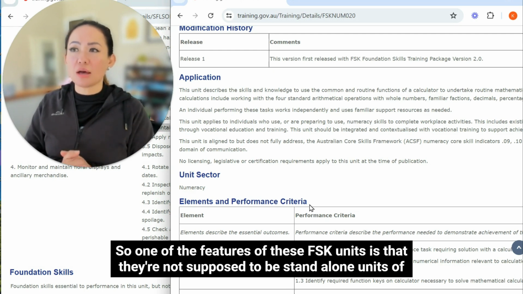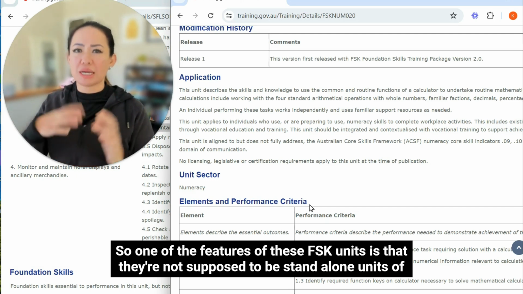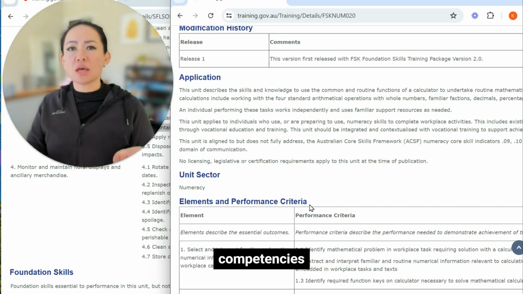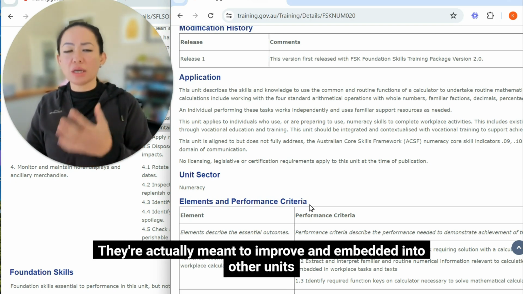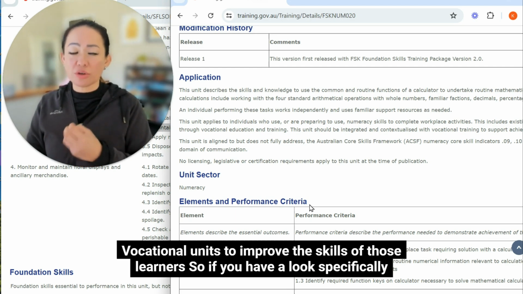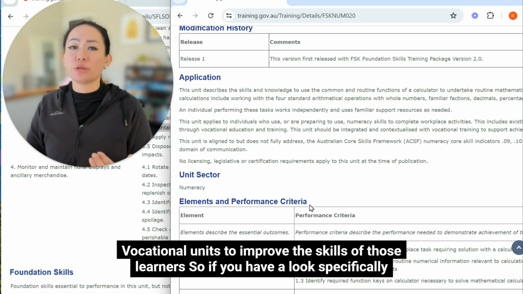So one of the features of these FSK units is that they're not supposed to be standalone units of competency. They're actually meant to be embedded into other vocational units to improve the skills of those learners.